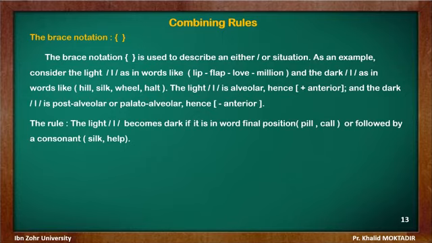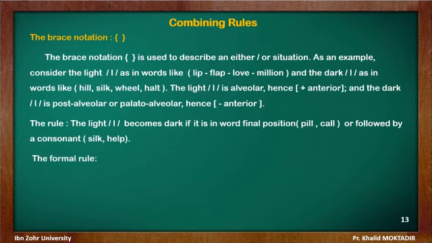As an example, consider the light L, as in words like lip, flap, love, million, and the dark L, as in words like hill, silk, wheel, hold. The light L is alveolar, hence plus anterior, and the dark L is post-alveolar, or let's say palato-alveolar. Therefore, it's going to be represented as the feature minus anterior.